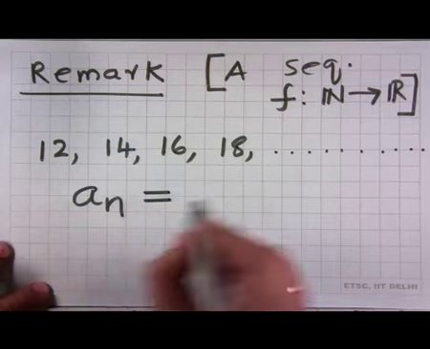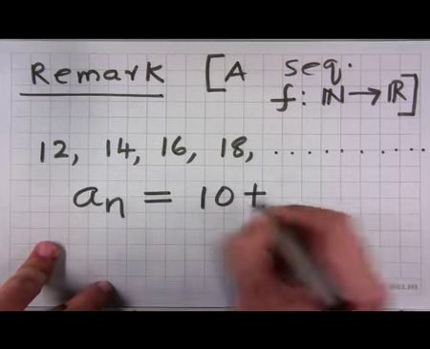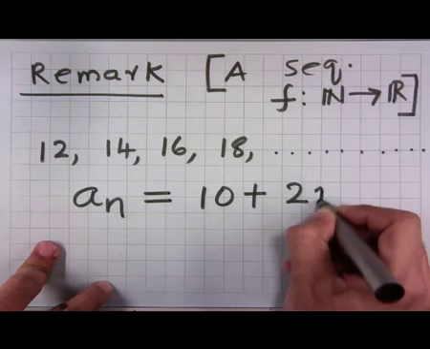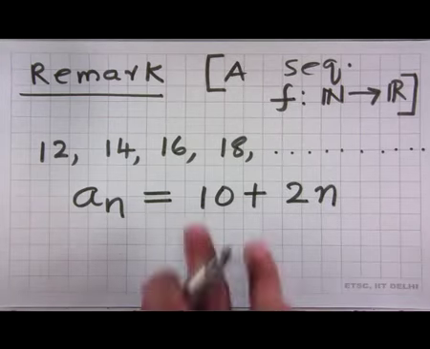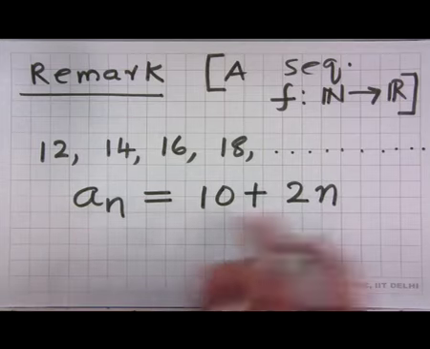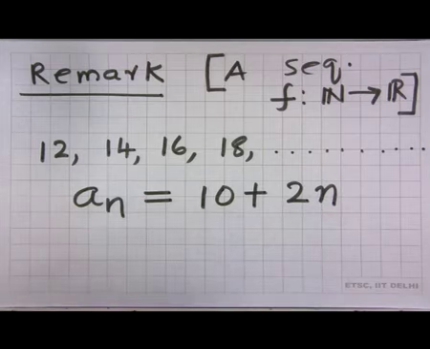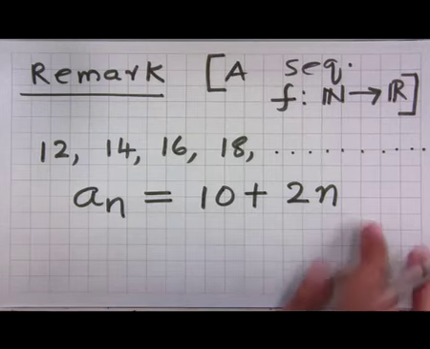If it follows this pattern, the nth term will be 10 plus 2n. Am I right? The first term is 10 plus 2. The second term is 10 plus 2 into 2. The third term is 10 plus 2 into 3, that is 16, and so on.